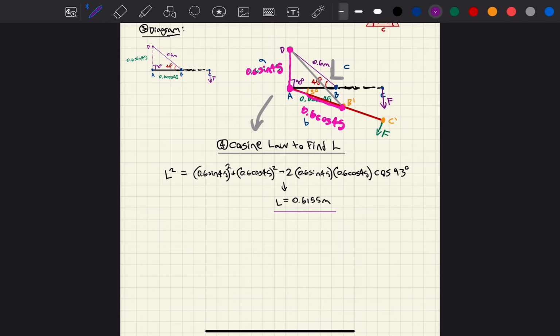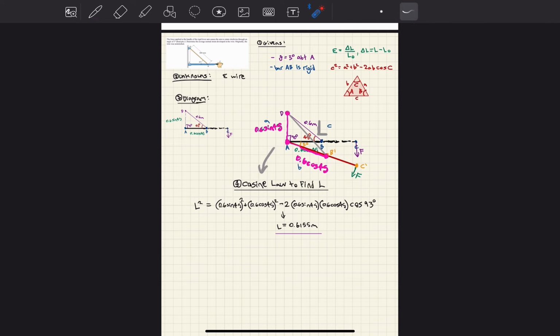So your new length of the wire, after you rotate it relative to A by 3 degrees, is around 615 millimeters. But we will get that in just a second. We go back to the givens. We want to find strain.